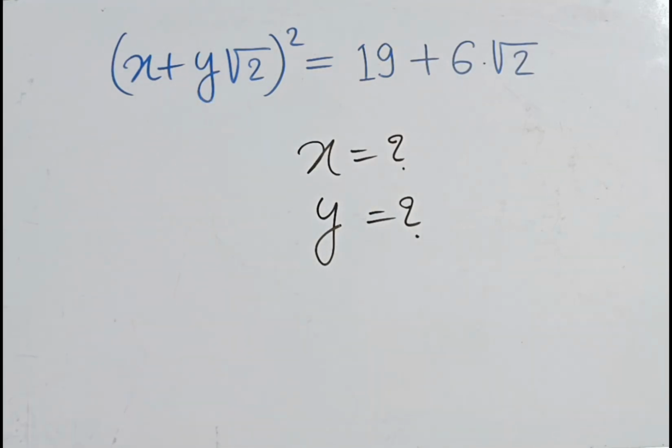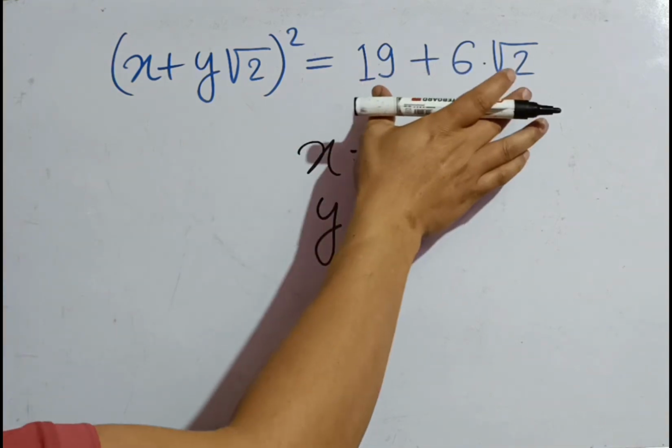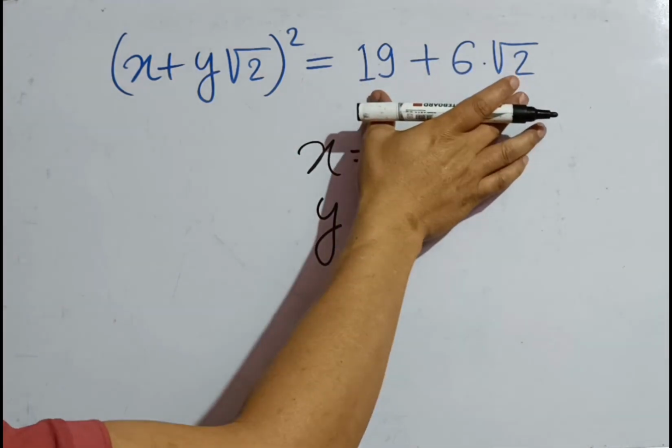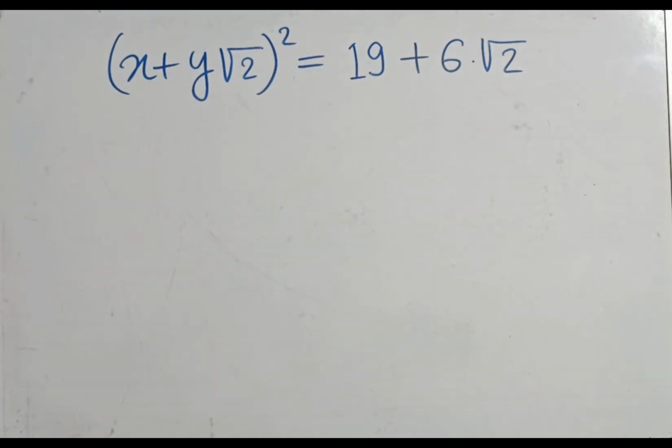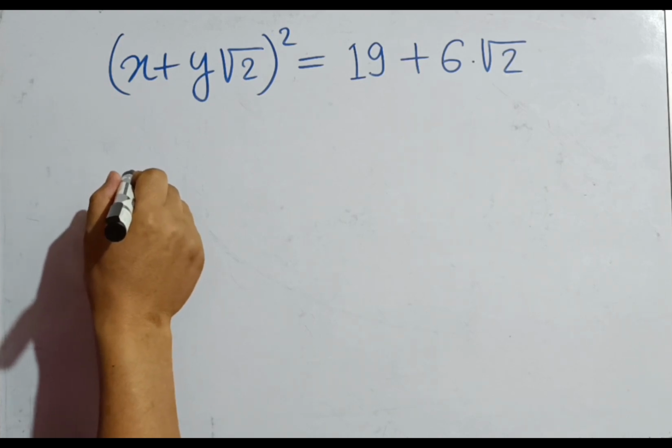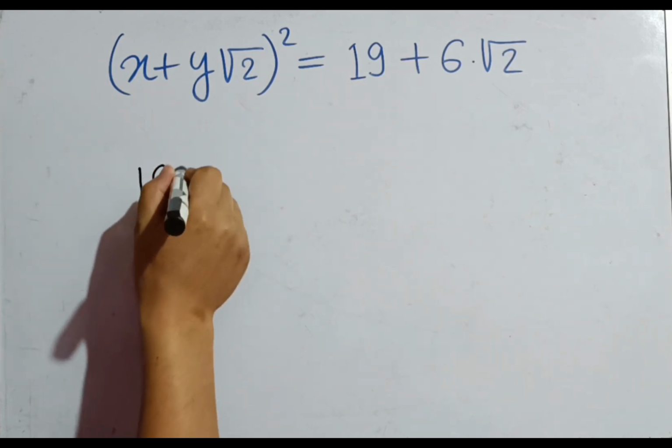But if we expand the left hand side, it will be lengthier. So we are going to start with the right hand side. We will simplify it and compare the result with the left hand side. Now let us simplify the right hand side, 19 + 6√2.